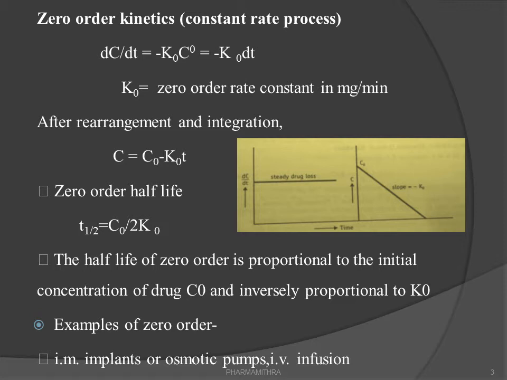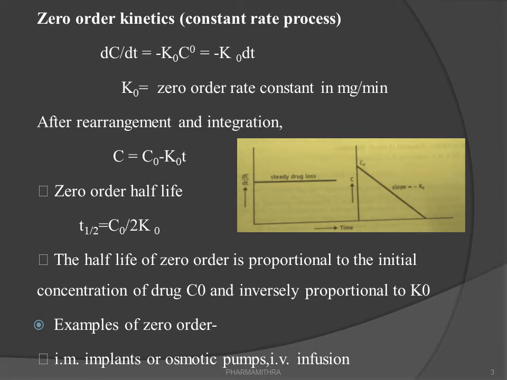The zero order half-life is equal to C0 by 2k0, or 0.5 C0 by k0. You can find that the half-life of a zero order process is not constant but proportional to the initial concentration of the drug C0 in the numerator, and inversely proportional to the zero order rate constant.